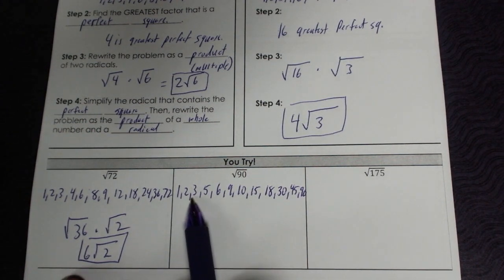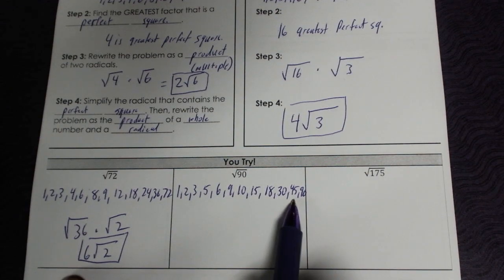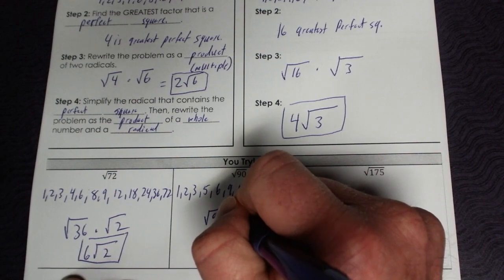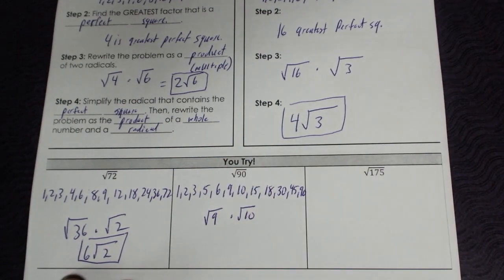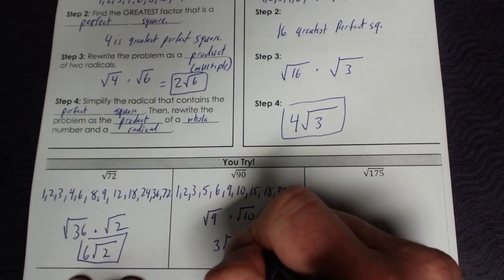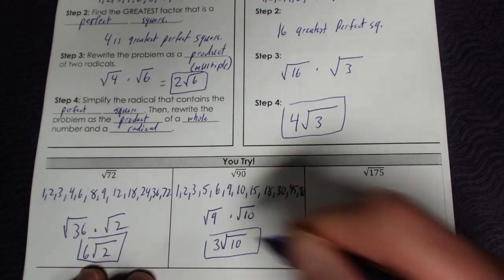There's a no, 6, no, there's a 9. Let's see if there's any others. Okay, so 9 is the only one out of that list. So 9 times what? 9 times 10. 10 can't break down. The 9 can. It's a perfect square. So that's your final answer for the square root of 90.